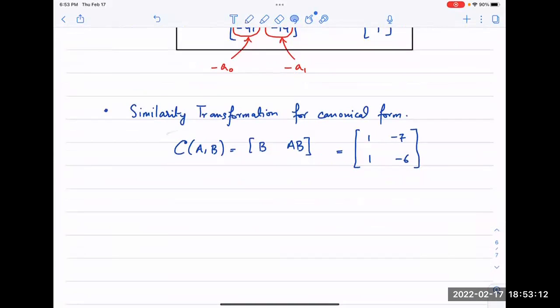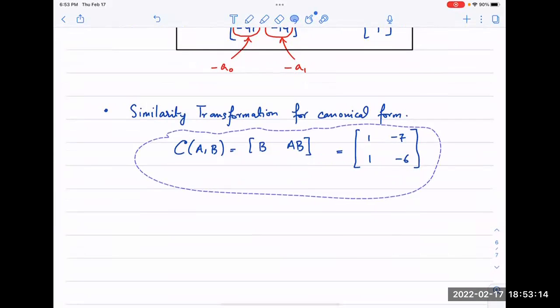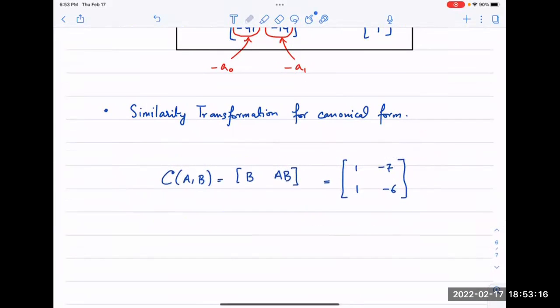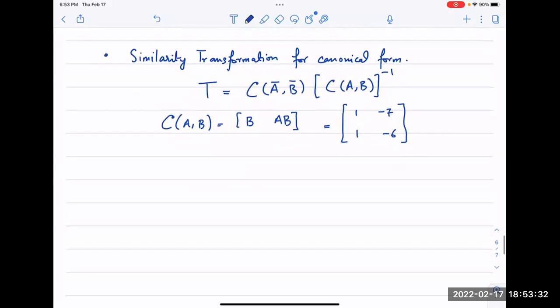Before that, I can actually write the transformation formula for you. If you remember, the T matrix is actually the controllability matrix of A bar, B bar times the controllability matrix of A, B inverse. So C(A,B) we have figured out.